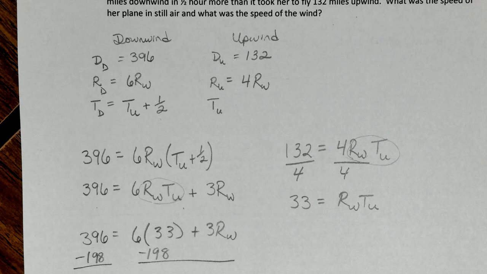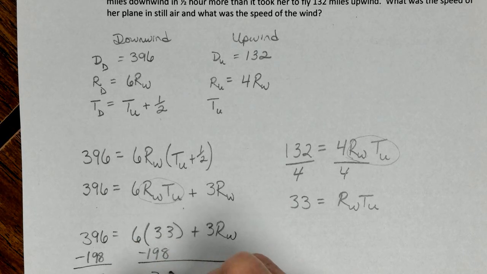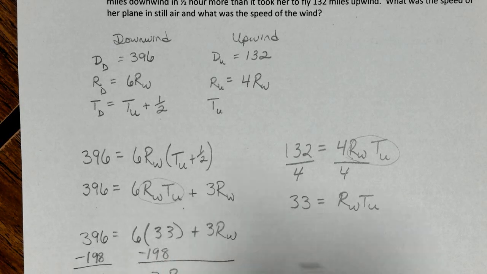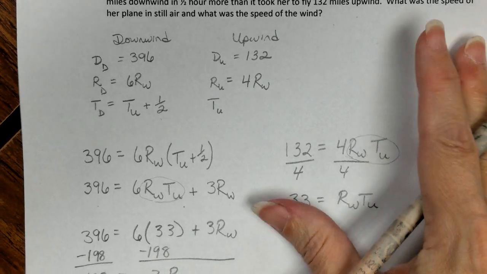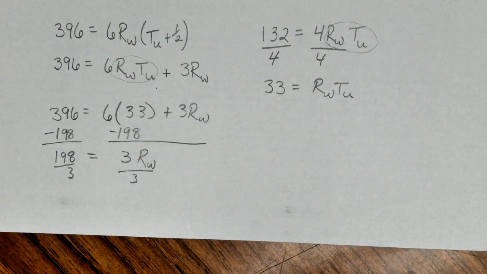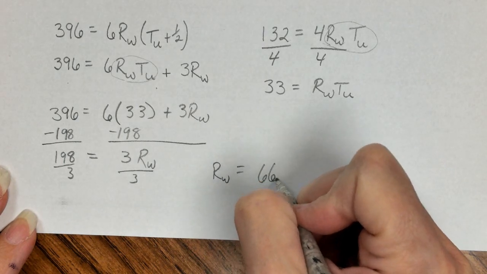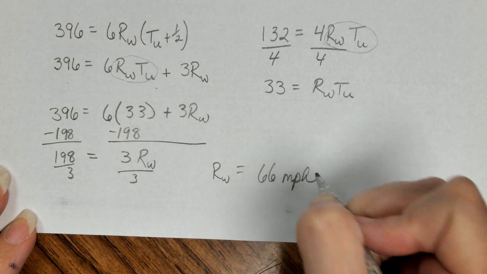We'll subtract 198 from both sides. And that is giving me 198 equals 3 times the rate of the wind. So we divide by 3. 198 divided by 3 is 66. Rate of the wind is 66 miles per hour.